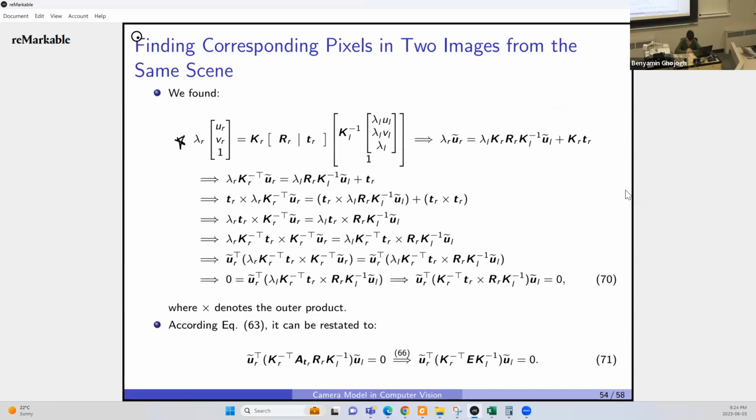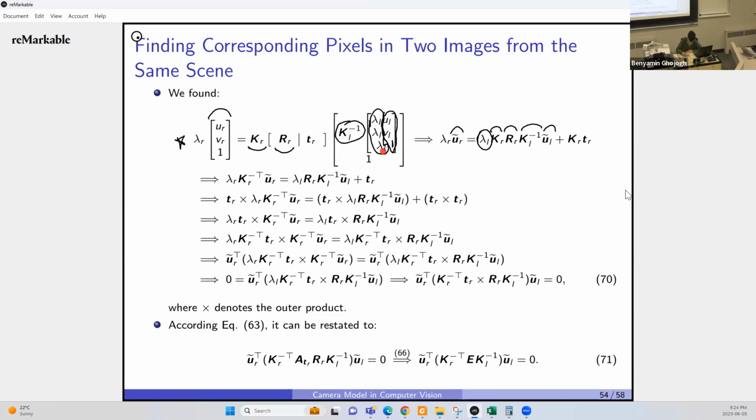Okay. Now I can write this as UR tilde, right? Correct. And what else? I'm factoring out this lambda L. Here I have KR, RR, KL inverse, so KR, RR, KL inverse, UL tilde, which is this, UL VL 1, right?